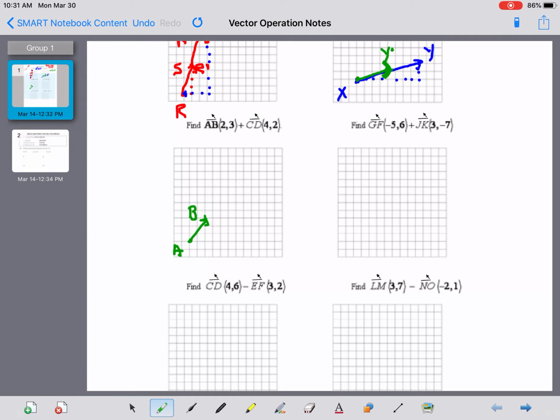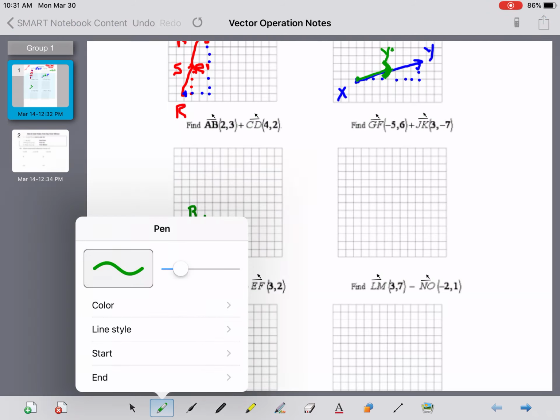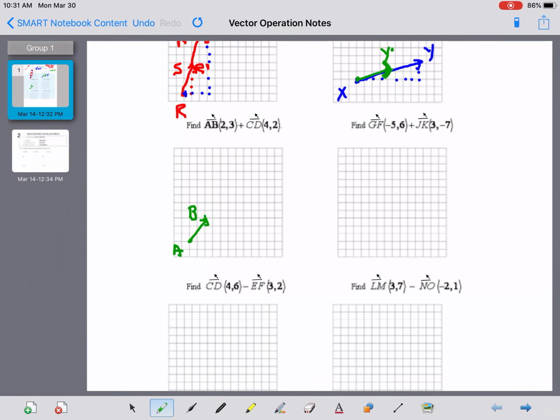Because now when I add CD to it, I'm going to start where I left off, okay? So I'll just keep it on green here. C is going to be exactly where the B was, and from C, we're going right 4, up 2. So here's my new one here, and there's my D.